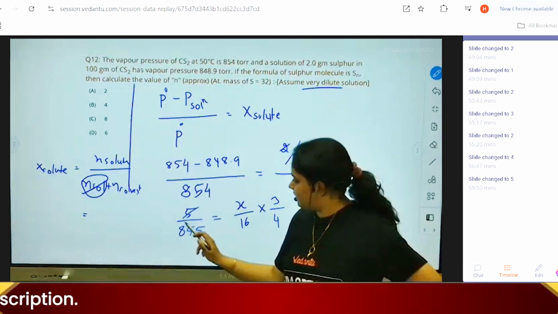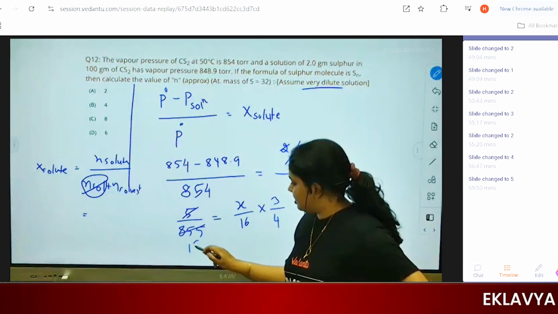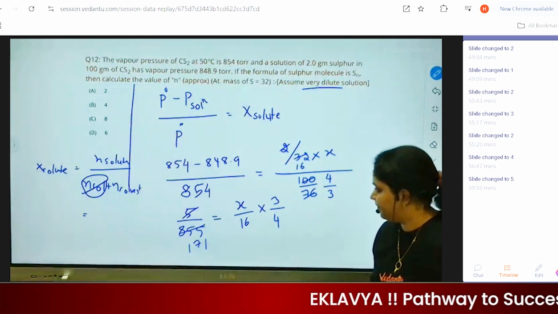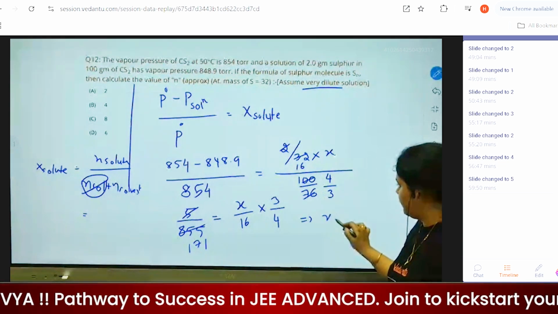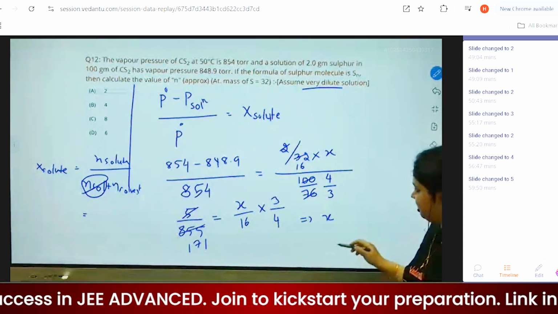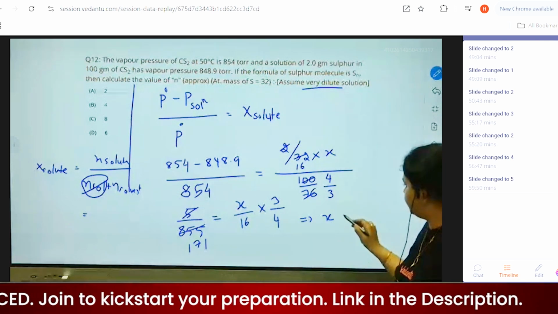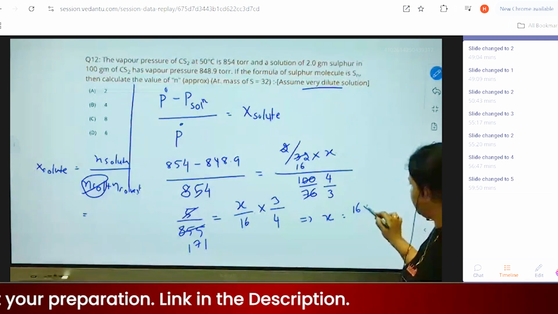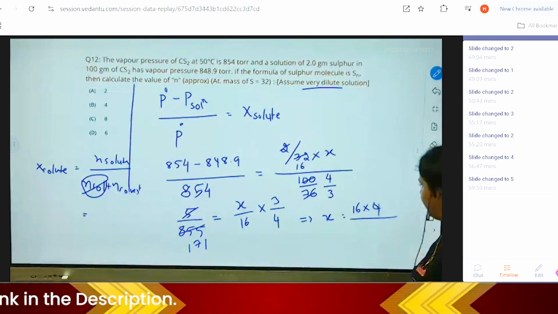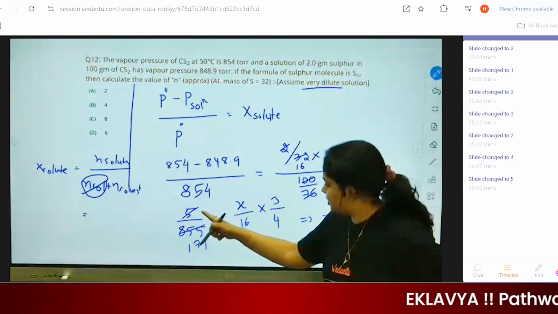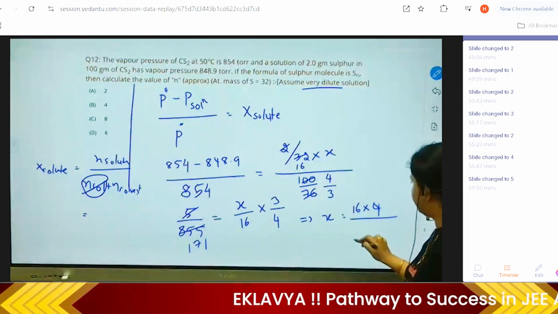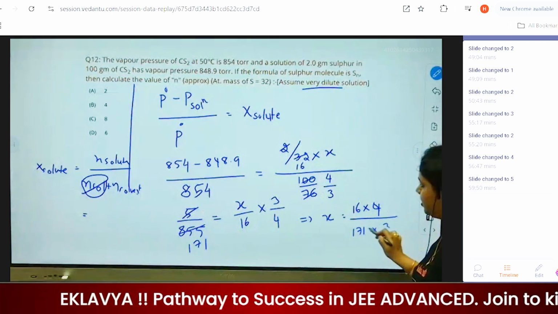Okay. 5 1s are 5, 7s are 171. So if we see here, X is equal to 16 into 4 divided by 171 into 3.